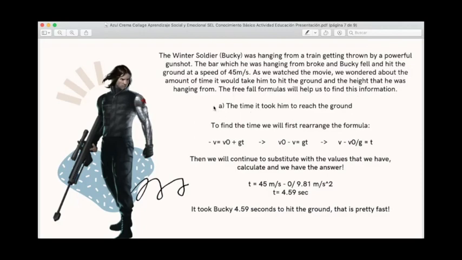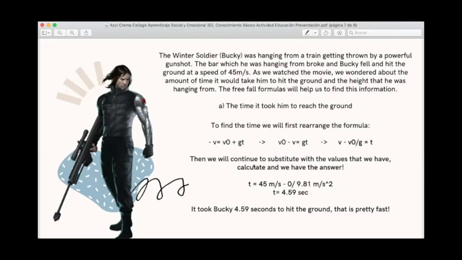To find the time, we will first rearrange the formula. Here we have to solve for time, since the formula was first looking for the initial velocity, but since we have time here, we can rearrange it, and this is going to be the formula to get time.